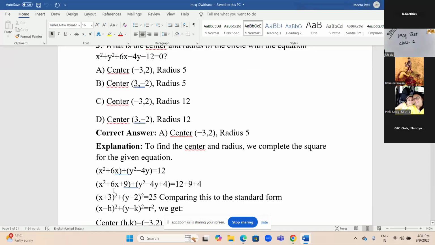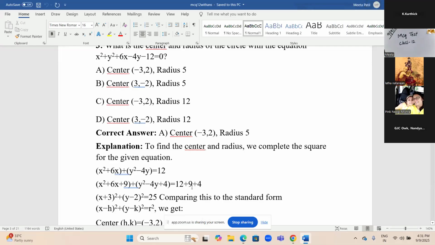and after that we are rewriting the equation as x square plus 6x plus 9 plus y square minus 4y plus 4, and to balance this equation, we are adding plus 9 as well as plus 4 on both the sides.